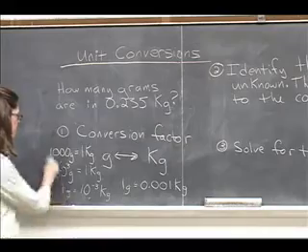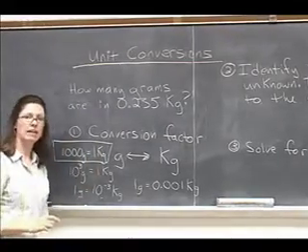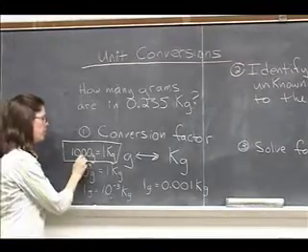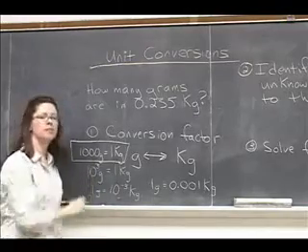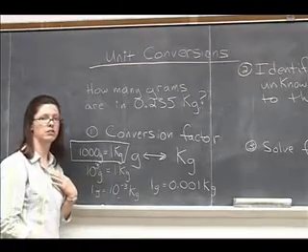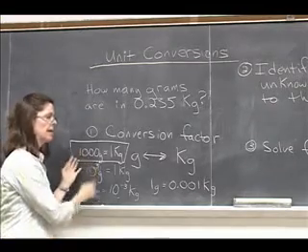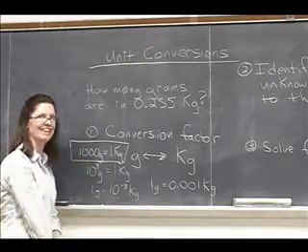For me, when I'm asked to relate grams to kilograms, right away I know that there are 1,000 grams in 1 kilogram. So that's the conversion factor that I'm going to choose to do this problem. You can do it with any one of these.